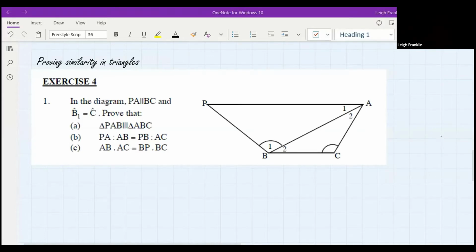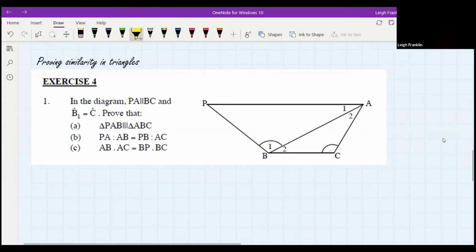All right, so in this diagram, they have told us that PA is parallel to BC. So straight away, when we see that they tell us that lines are parallel, we need to start thinking about all the special kinds of angles that we get when lines are parallel. So if you go back to grade 8, you can think about what angles are equal because of parallel lines.